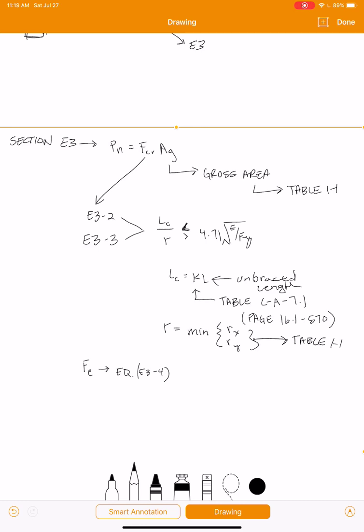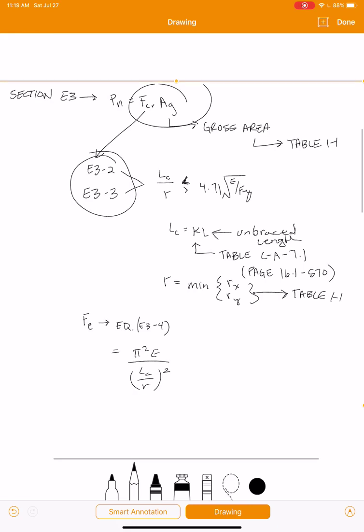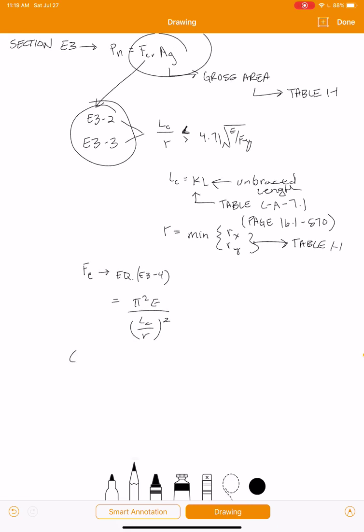And that equation is pretty straightforward. It's just pi squared E all over (Lc over r) squared, which we know all of that information. And so once you know Fe, you can plug it into your Fcr equation, get Fcr, and then plug it into this equation. It's also important to note that phi in these cases is always going to be 0.9.